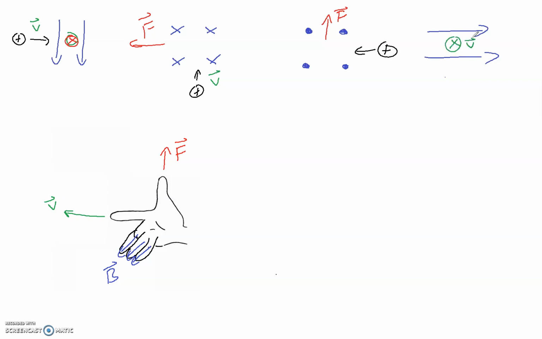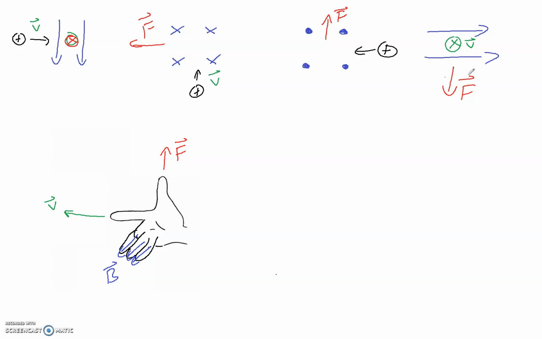So there's my velocity vector. Any vector can use dots and X's, so my velocity is going away from me. So right there, my gun is pointing into my screen because that's where my charge is going. My 3 field fingers are pointing to the right, and that means my thumb is pointing straight down, so that's the way the force would go.